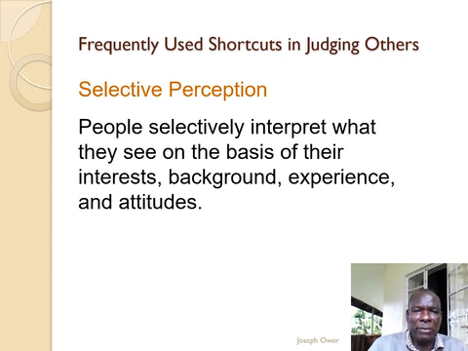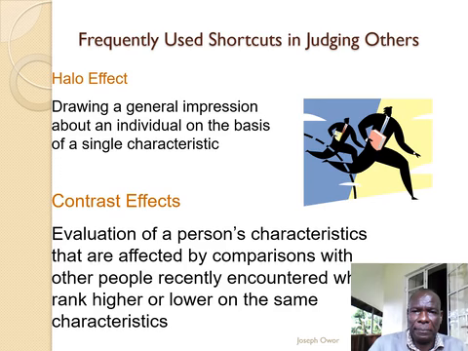We select what we perceive. Eventually, this is what we call bias. You are biased. So everything that fits your bias, you'll select it, you'll choose it. What doesn't fit your bias, you will not choose it. And so these are other problems with perception, and we call it frequently used shortcuts in judging others.